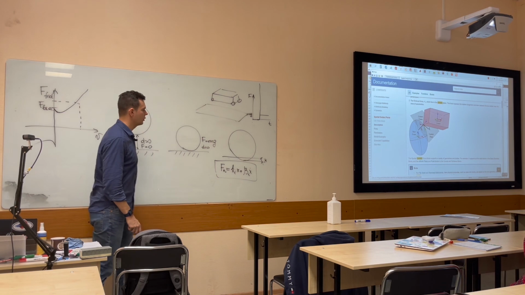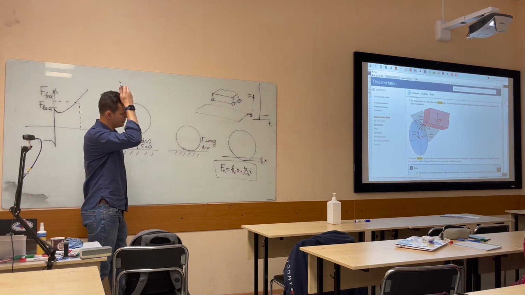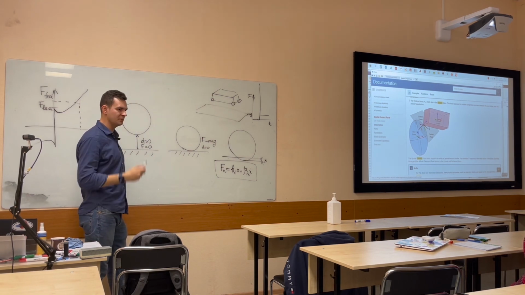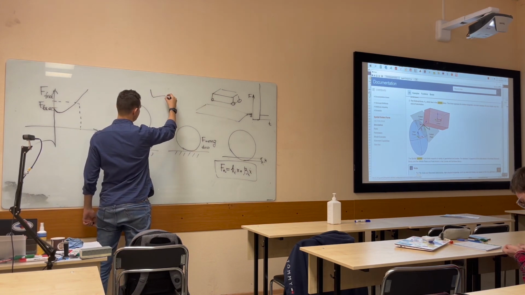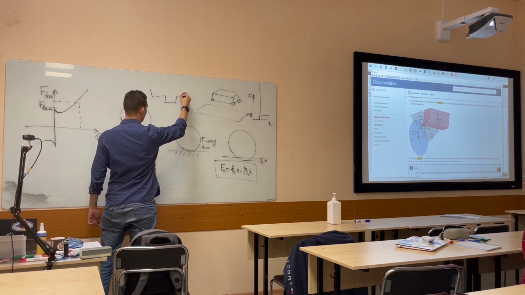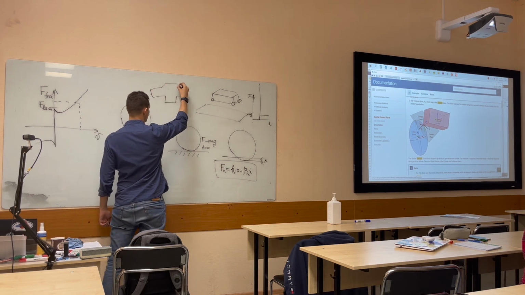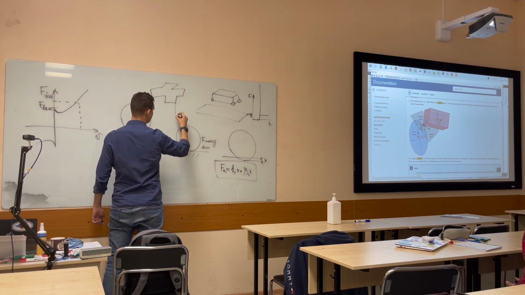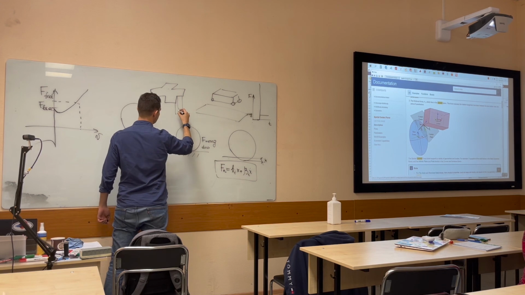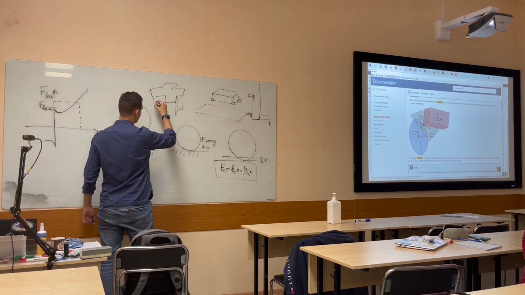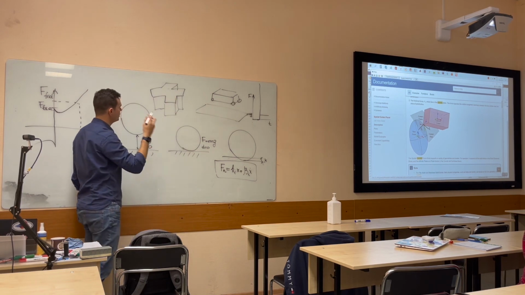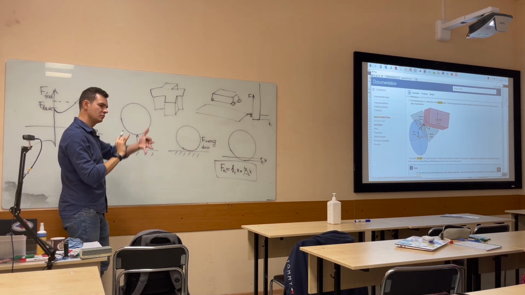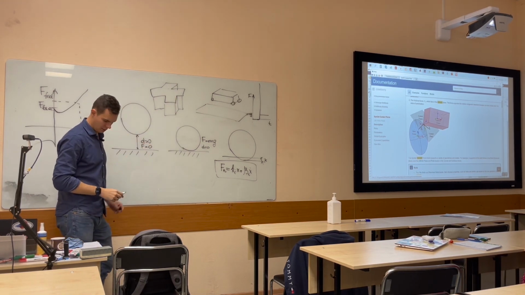But you can get some nasty experience. For example, if you have an object with a complex shape, something like this. I just drew some random picture of a weird object.